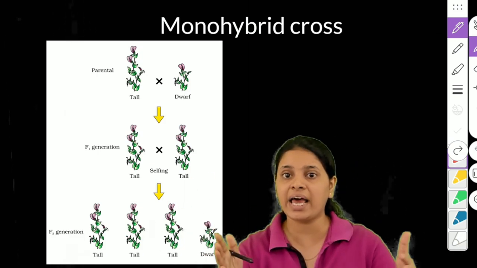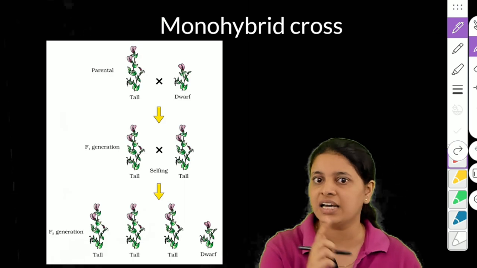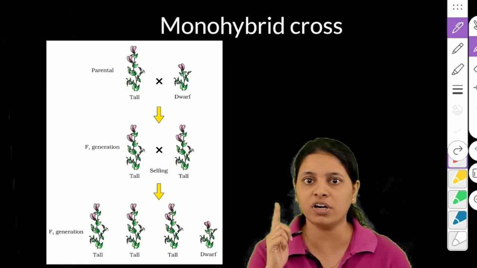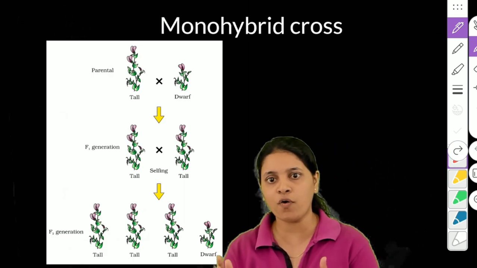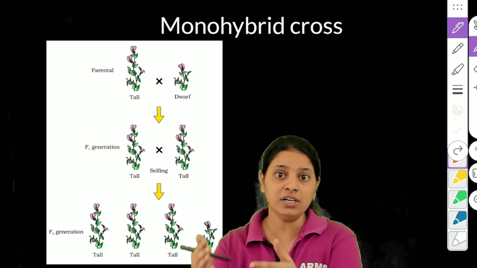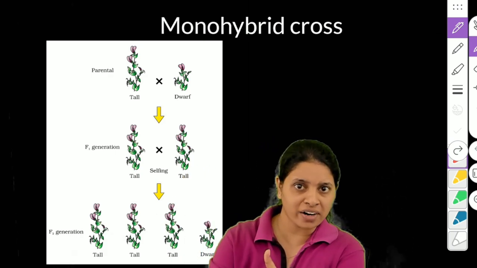If same character is expressed in all the plants, then it is a pure line or a true breeding line.